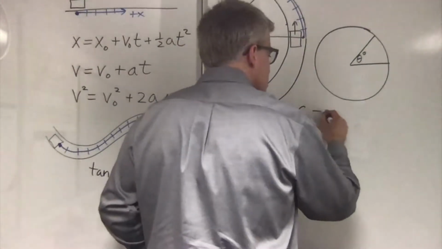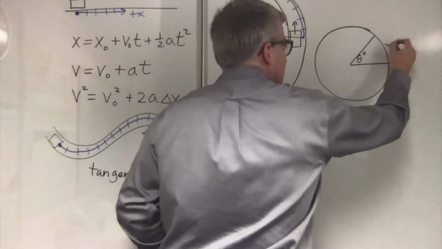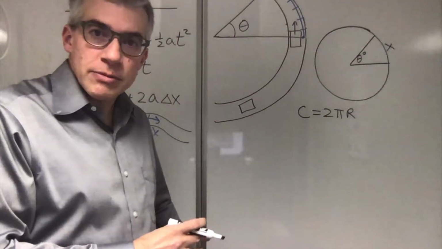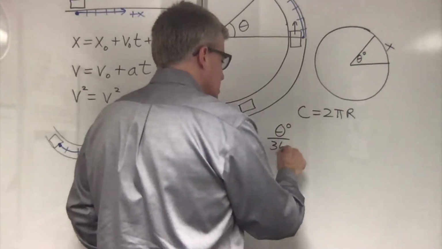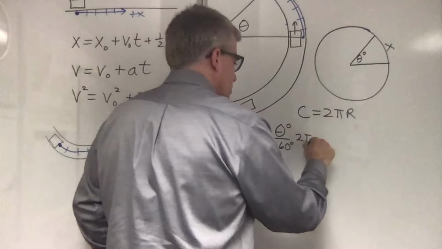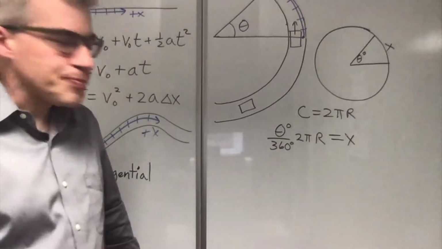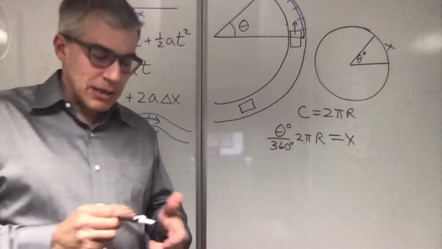The circumference is 2 pi r. So if I've got x, that's going to be a fraction of 2 pi r. What fraction? Well, theta degrees out of 360 degrees times 2 pi r. That would give us the tangential distance. All right, great. We've got a relationship between x and angle.